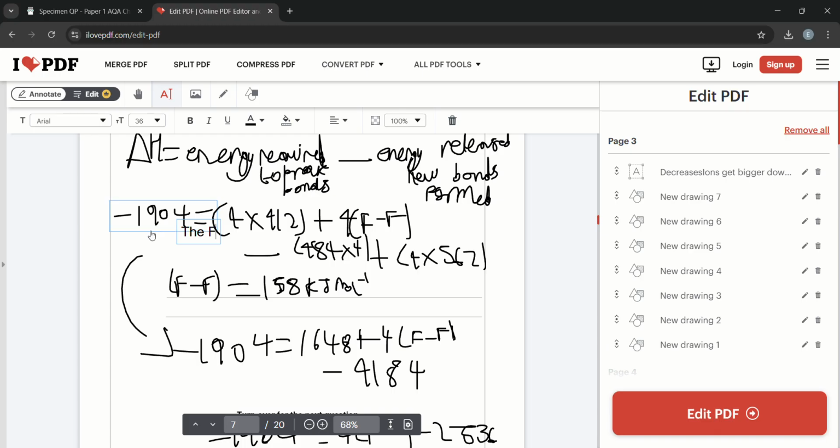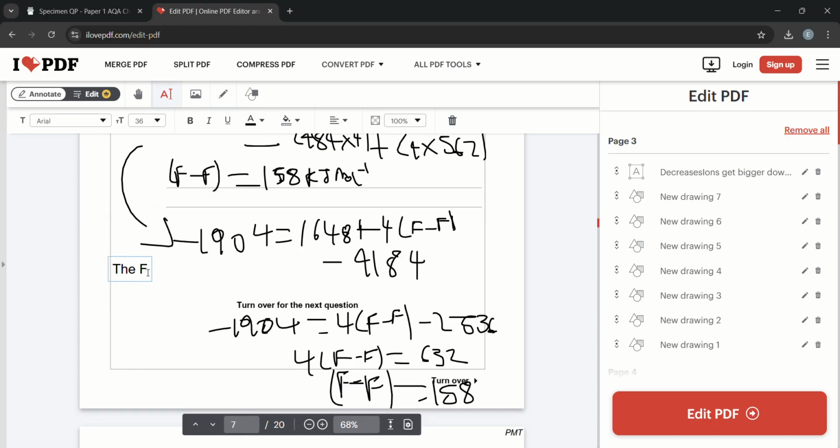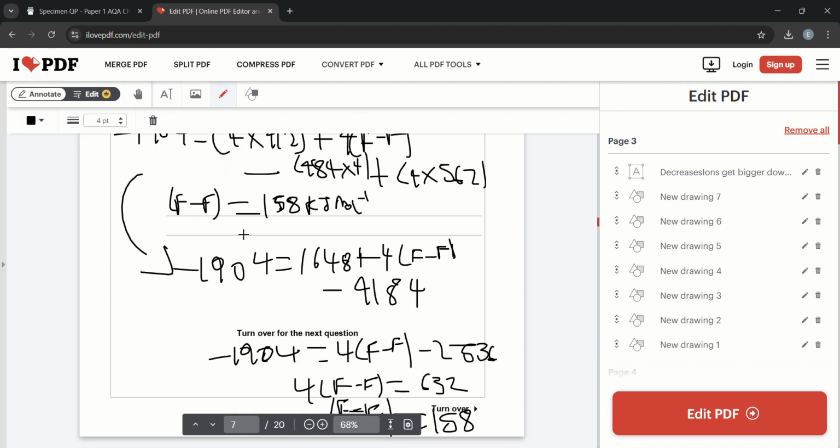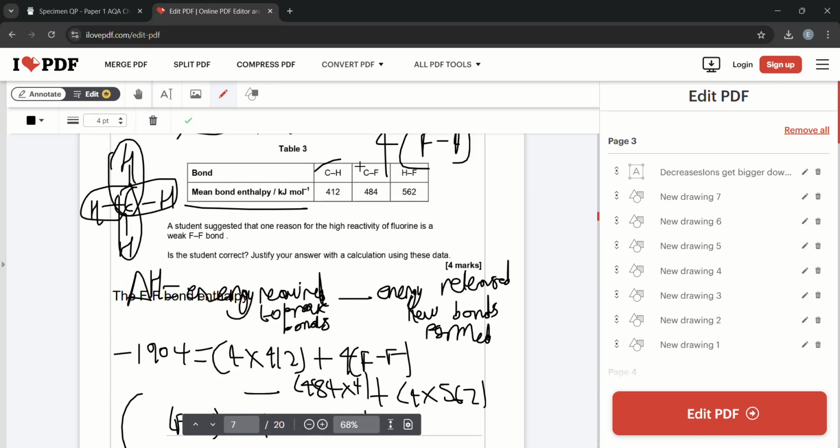What I was going to say is that the FF bond enthalpy is much less than the CH bond, or any of these covalent bonds, CF or HF.